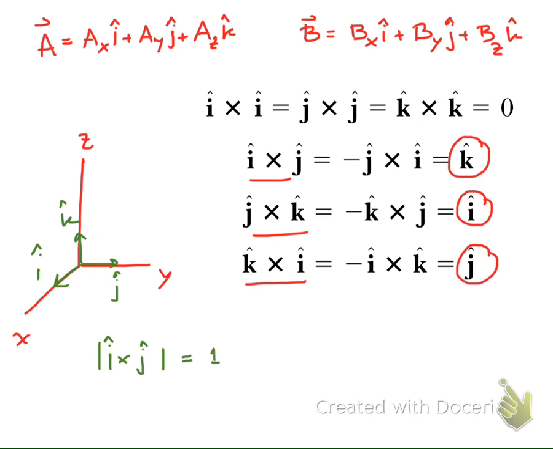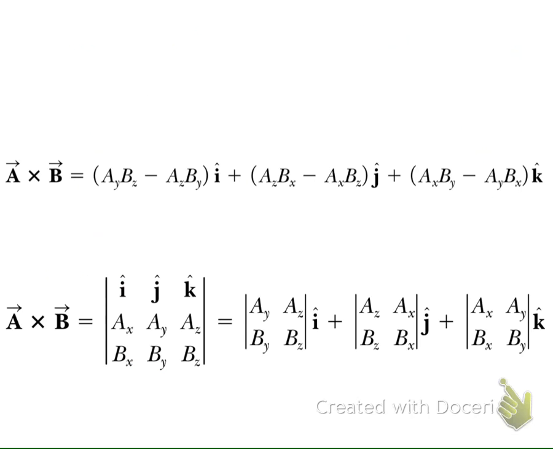So, from these three identities, together with the representation of A and B in the rectangular form, we can prove easily, and I will leave that as an exercise, that we can express A cross B in terms of i, j, and k like this.